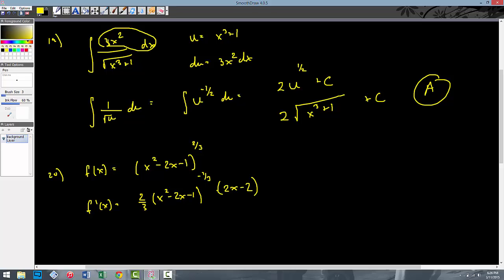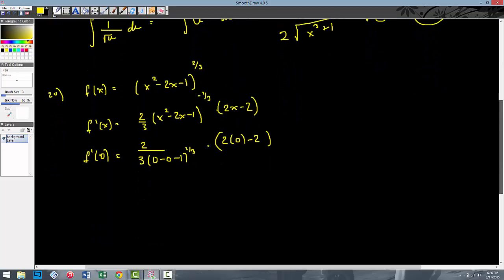Cool. So now we can go and just plug stuff in if we really wanted to. We're trying to find f prime at 0. That's going to be 2 over 3 times 0 minus 0 minus 1 to the negative 1/3 times 2 times 0 minus 2. Okay, look, I have to scroll down on this one. Okay.